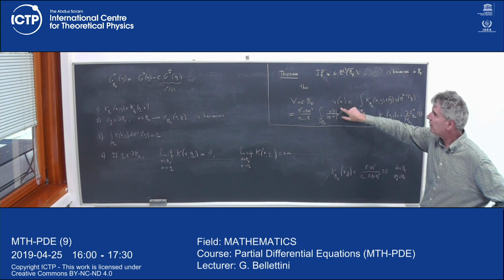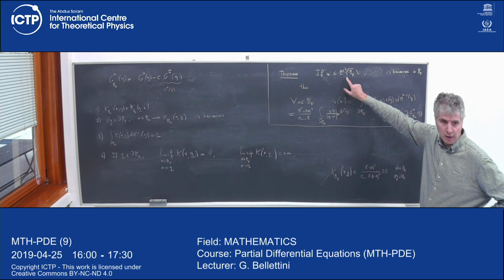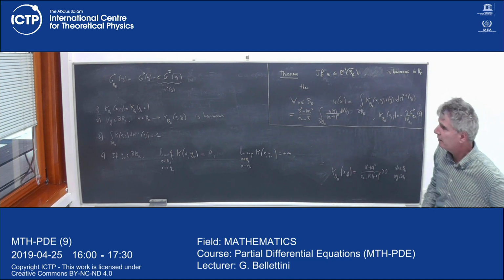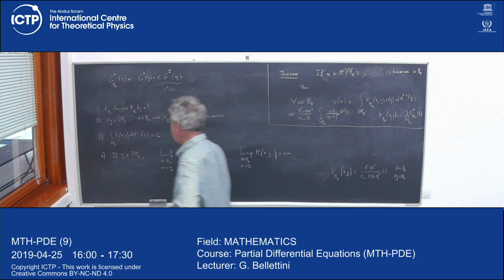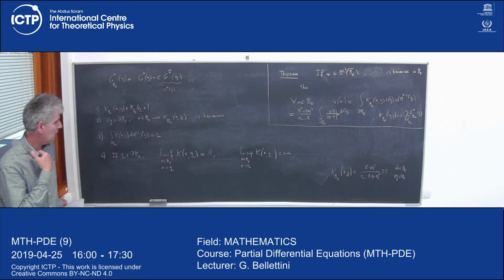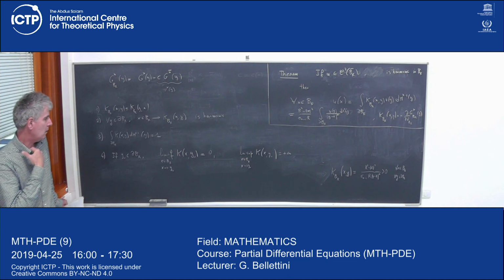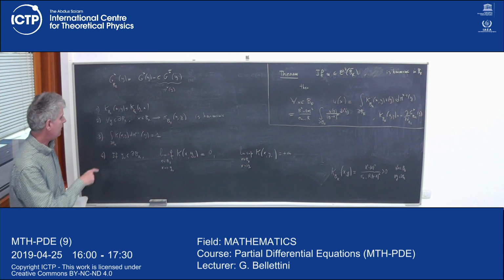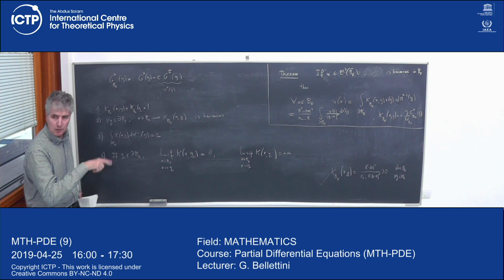So the constant equal to 1 is surely harmonic, and therefore we put 1 here, and you get immediately this normalization. So this remains sort of a convolution kernel, say, even if it is integrated on a surface.